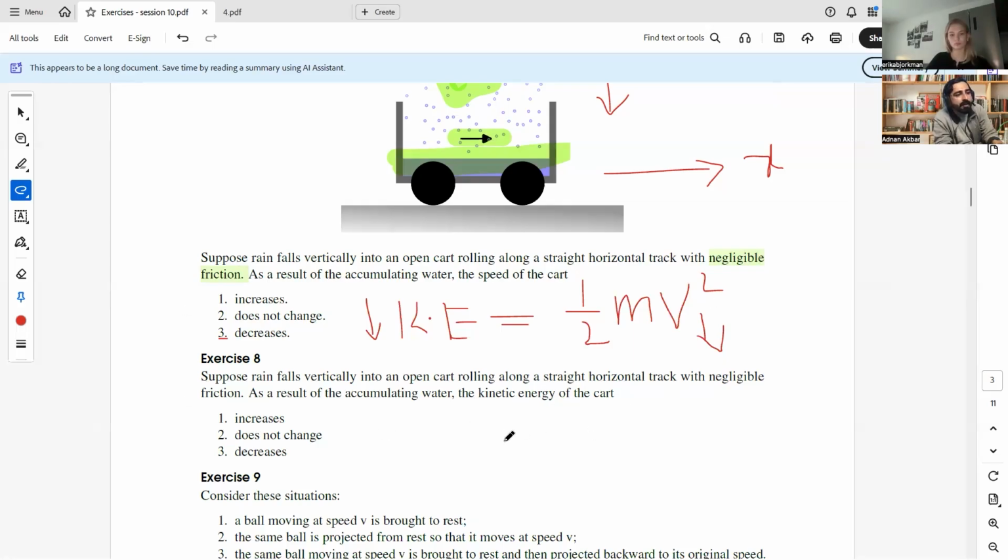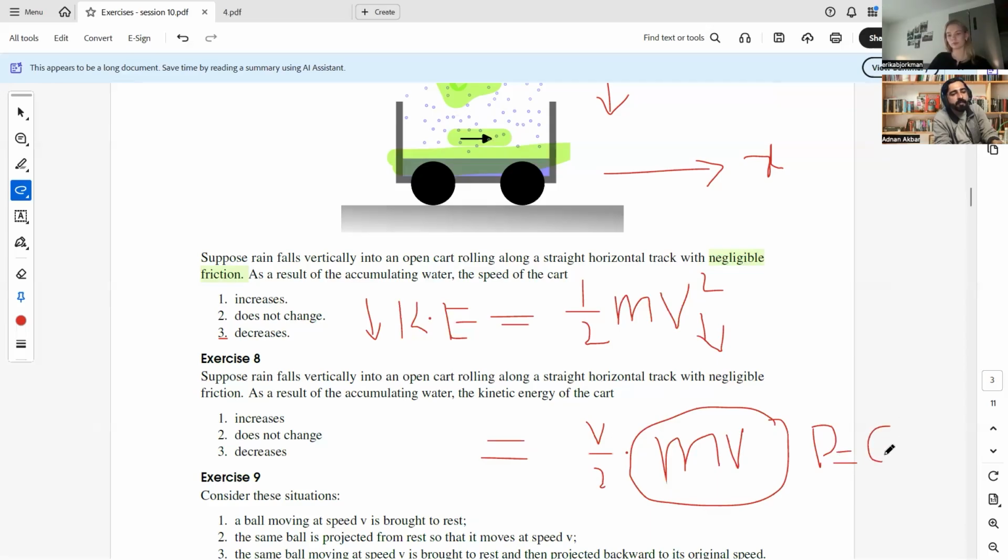Okay, we can rewrite this kinetic energy as v by 2 dot mv. I want to show that momentum is actually constant. If the momentum is constant, the factor of velocity that is getting decreased is just v by 2 here. Since momentum mv is conserved, only v by 2 changes with the flow of time, which is making this collision inelastic.